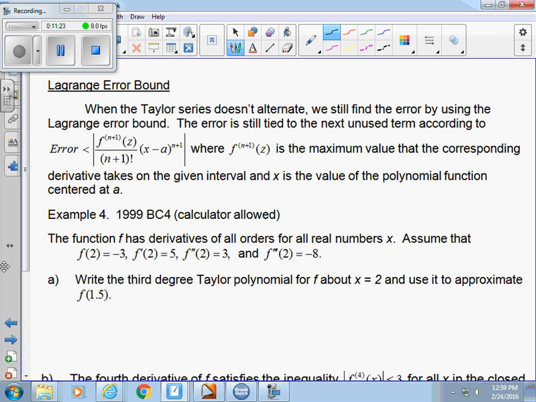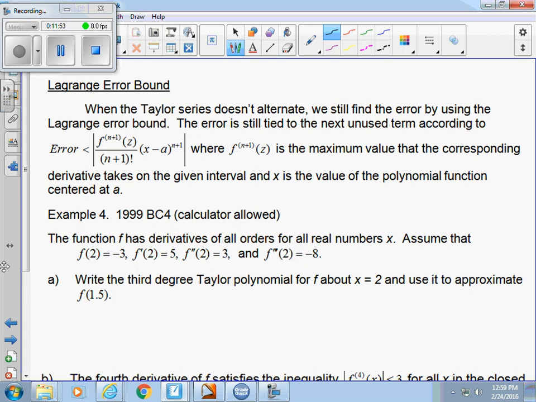So when the Taylor series doesn't alternate, we can still find the error using the Lagrange, or Lagrange, maybe a better pronunciation. The error is still tied to the next unused term according to this formula. The f^(n+1) of z is the maximum value the derivative can take on in the interval.